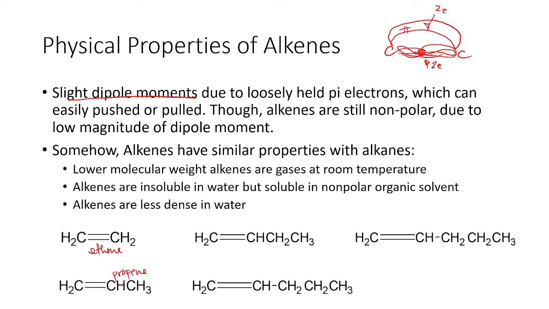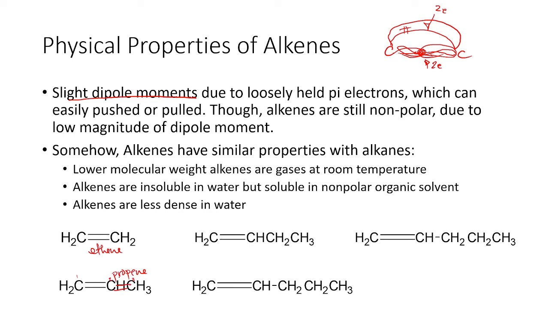Some of you may be thinking, sir, why do we not include the position for propene? Kasi kung mapalagay man siya rito sa kabila or dito sa side na to, kung kinonsider natin tong 1, 2, 3, magiging 1 pa rin siya pag dito siya nagkaroon ng double bond.